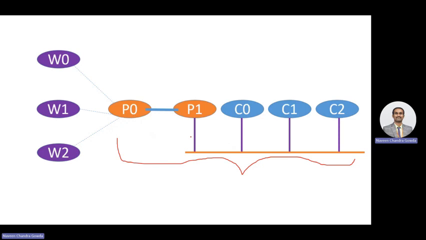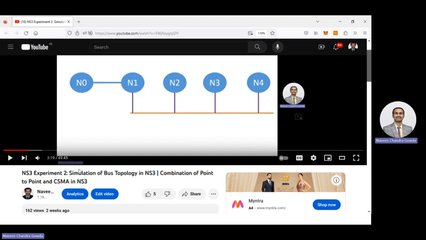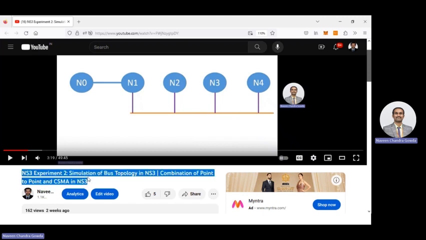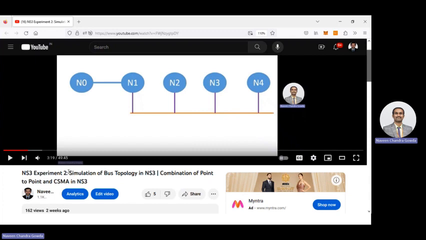we have discussed in the previous session, which you can go through on my YouTube channel. There we discussed in detail how to simulate that bus topology in NS3, with a combination of point-to-point and CSMA. Kindly go through this before we continue with the current experiment.